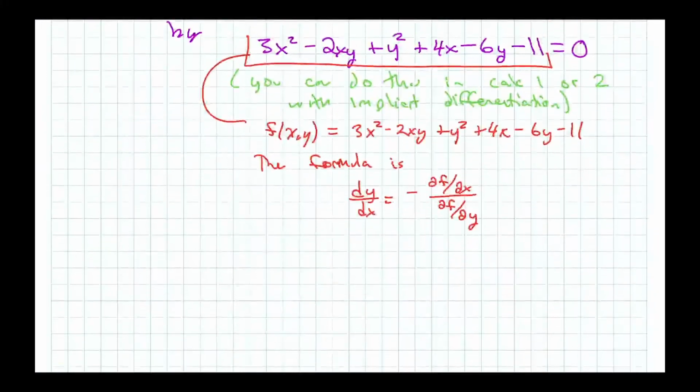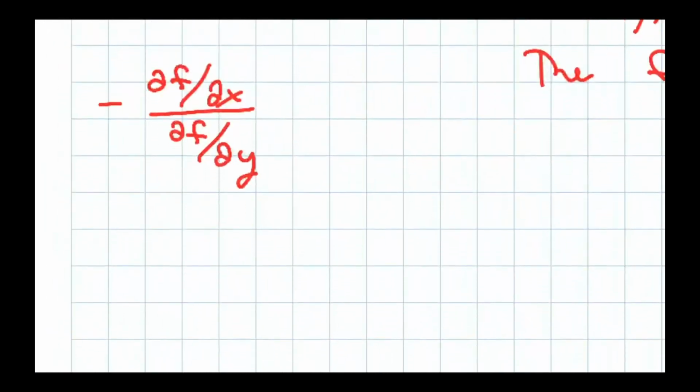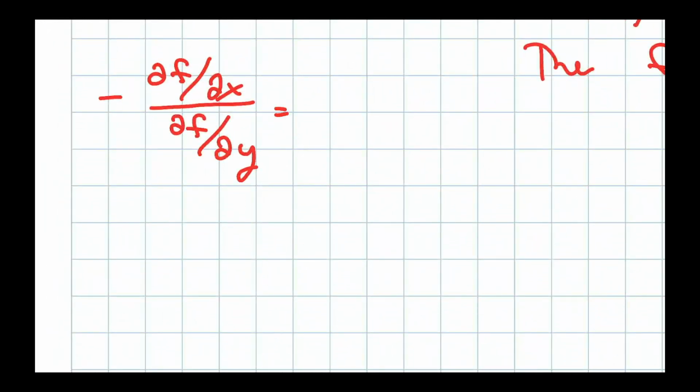If you just pretended that these were actual fractions for a minute, then you would have df dx times the reciprocal of this, which would be dy df, and then somehow these would cancel and you'd have dy dx.